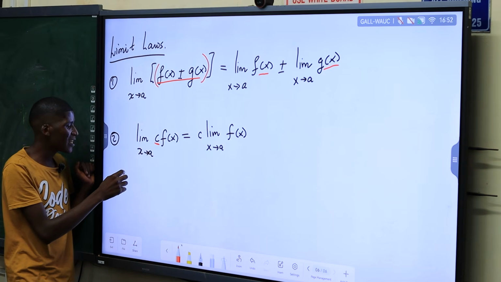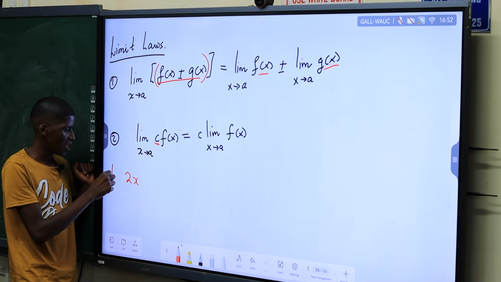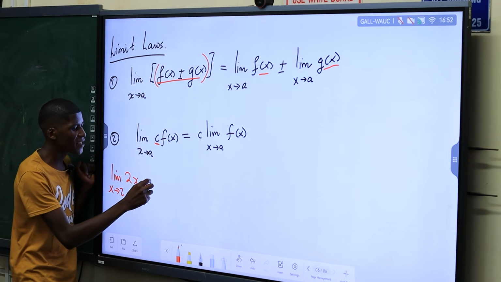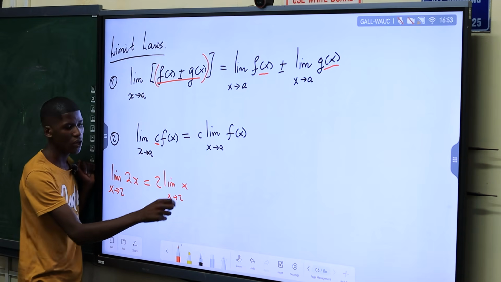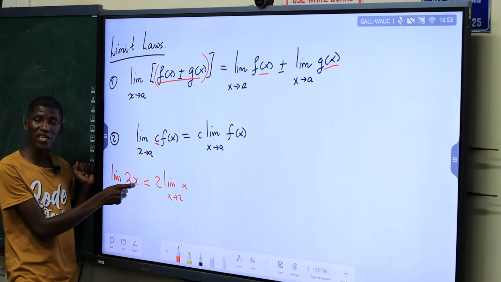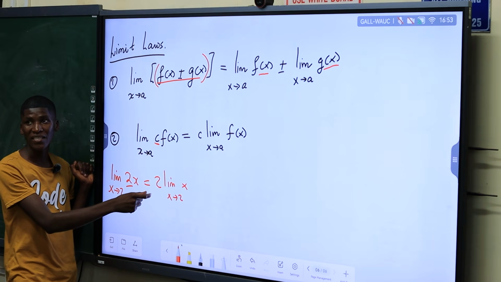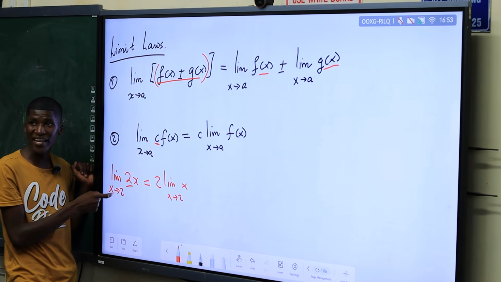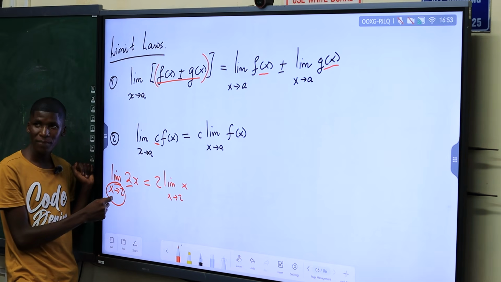For example, if I'm finding the limit as x approaches 2 of 2 times a function of x, this is the same as 2 times the limit as x approaches 2 of that function. So the constant multiple that is multiplied to my function can be taken out as a coefficient of the limit, as long as it is a number without x. Actually, a constant in this context is something that doesn't have x. That's a constant.